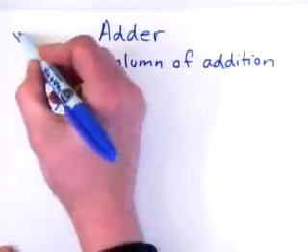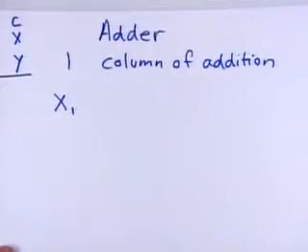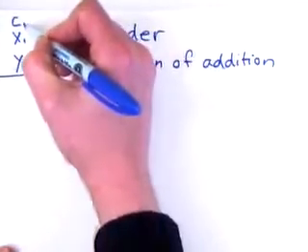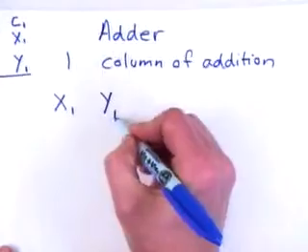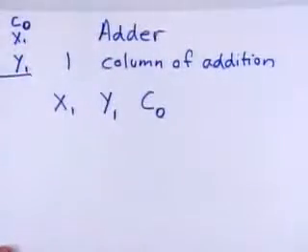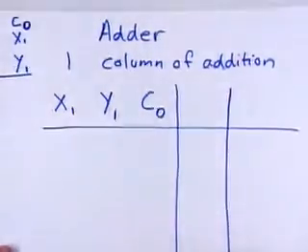Okay, so in a column, I have 2 bits, plus I might have a carry bit. Let's say x1 will be the top row, so we'll be doing x plus y and a carry. We'll put x1 because this will be column 1. We'll have y1 and c0, because this carry came from a previous column if there was one. Then I'm going to have 2 outputs. What are the outputs?